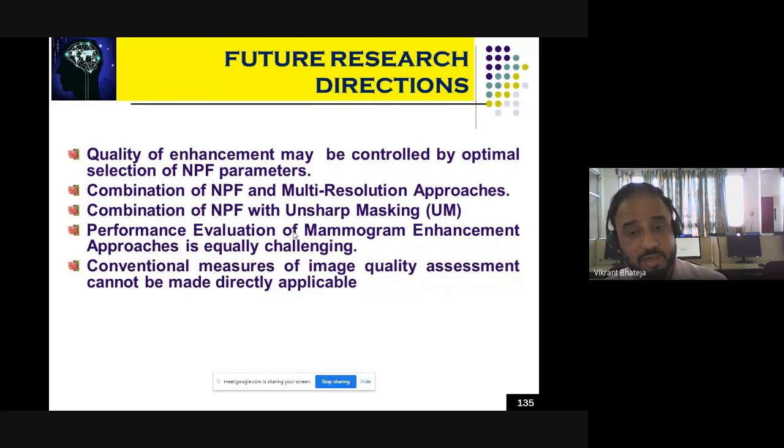So it is a dire need that some quality metrics should be developed which could be dedicatedly used for a particular imaging modality, or categorically for assessing contrast change, signal to noise ratio change, or the sharpness change in these particular images. So any budding researchers, if you are open to taking up challenges, then developing a quality metric is itself a good problem for research when you are taking up medical images.